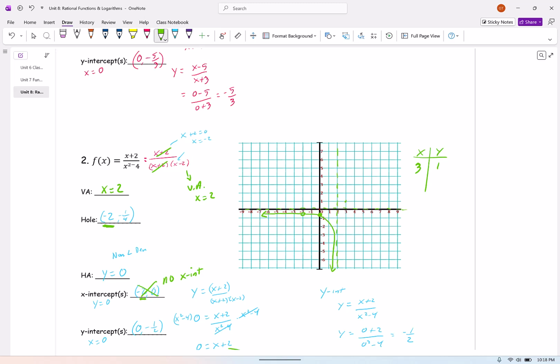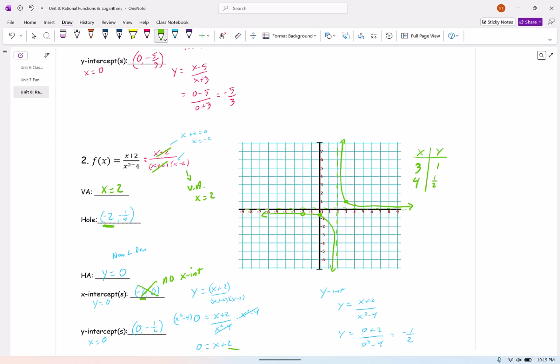So we got 3 and 1. There's a point right there. If I put 4 in, I'm going to get 4 plus 2 is 6. 4 squared is 16 minus 4 is 12. So now we got 6 over 12, or 1/2. So we see we're going to be getting lower. Now I got an idea that this is going to come that direction. This is going to come up that way. And so now we have our graph.